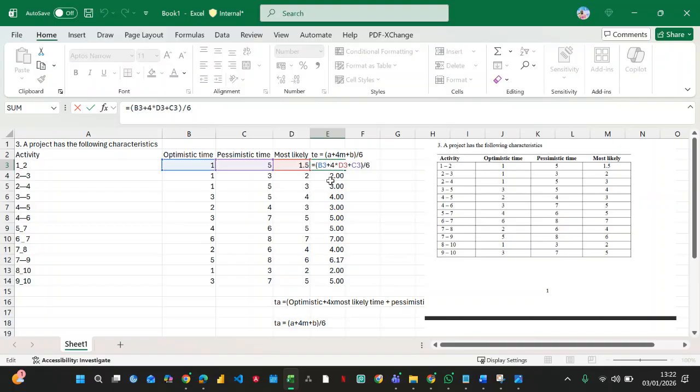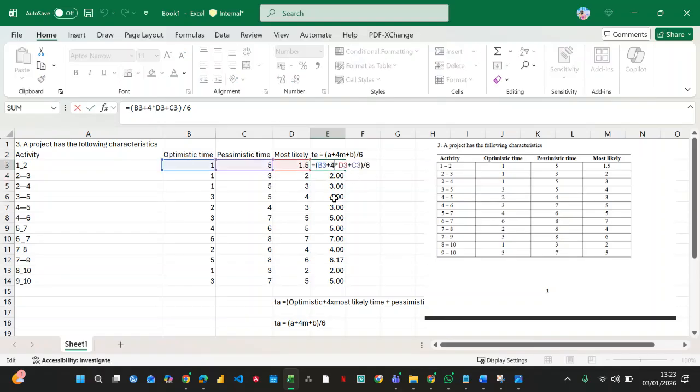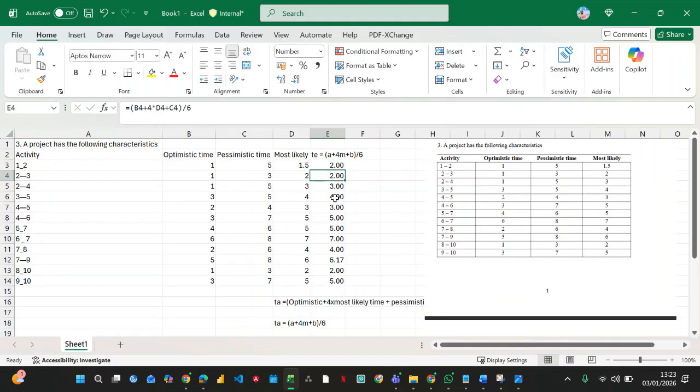So make sure your substitution formulas you put very well. The first this one here is one, and take note of the bracket. You understand? It's a bracket there. So this whole one here is going to be inside bracket, and then you divide it by 6. If you open everything and do it at once without the bracket, you may get wrong answer.